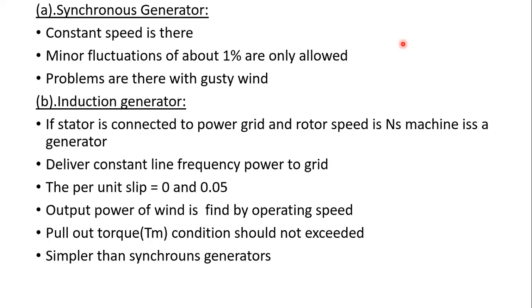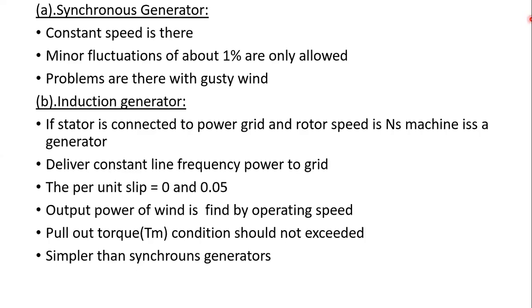You know that synchronous speed ns is equal to 120f/p. If the rotor is rotating at synchronous speed, the machine becomes a generator. It then delivers constant line frequency power to the grid.